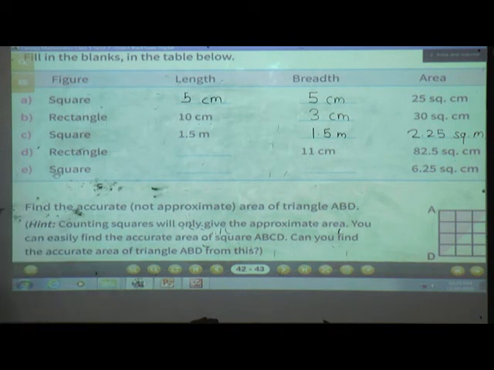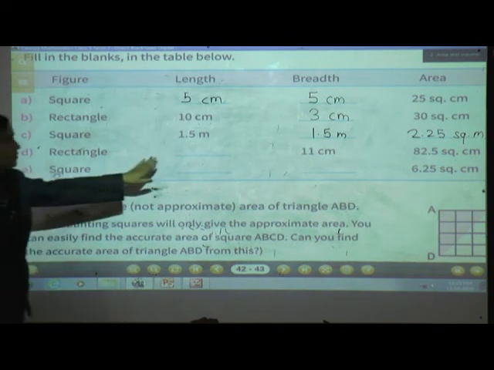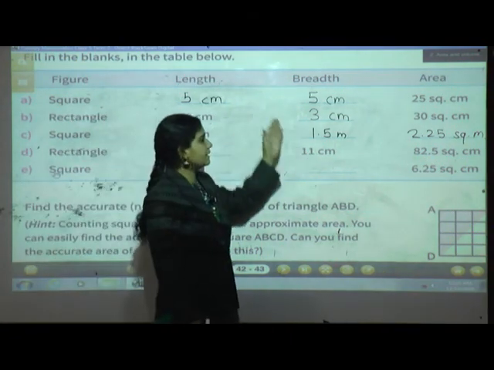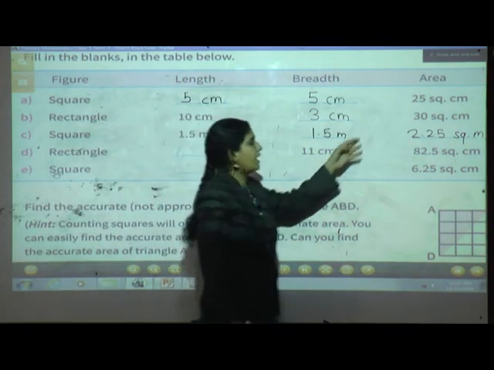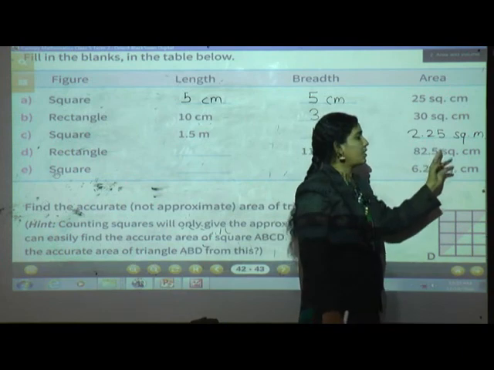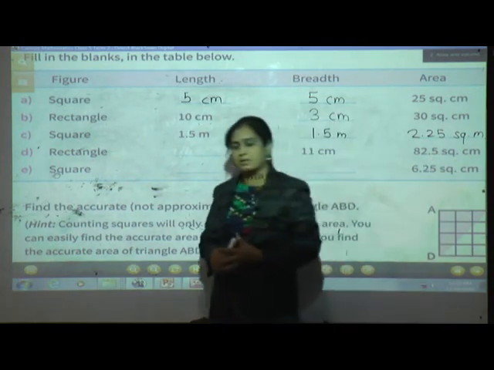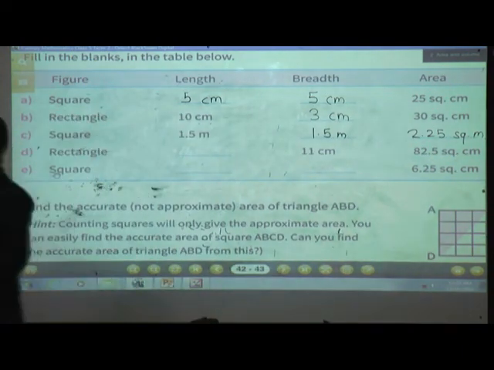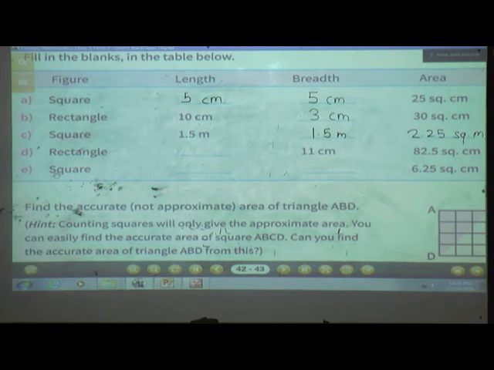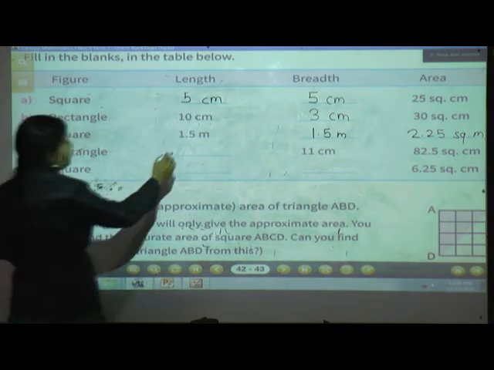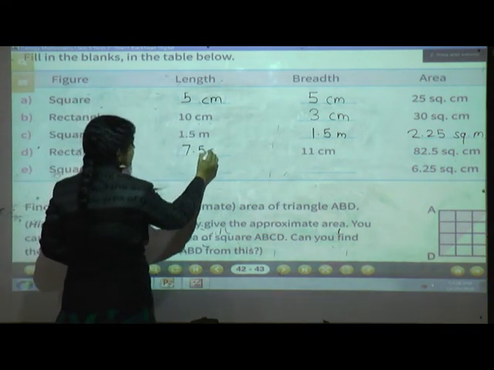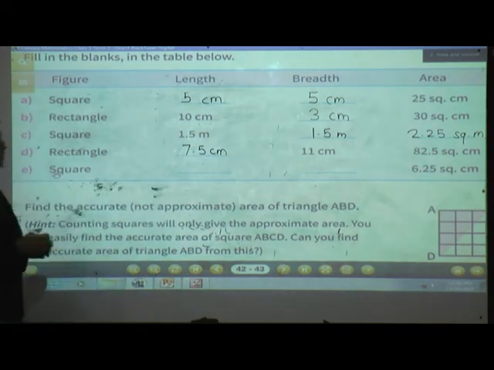Now rectangle. Students, here length we don't know, breadth is 11 centimeter and area is 82.5 square centimeter. Use the same formula for finding the area. So you will get the answer 7.5 centimeter.